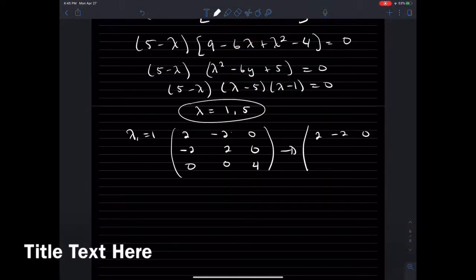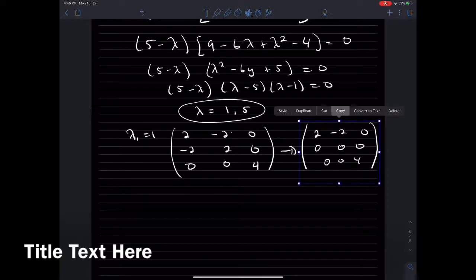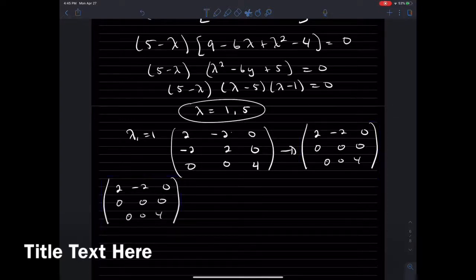See how these rows, we just add these together and add it to row 2. I get 0, 0, 0, and then 0, 0, 4. If you want to see it with your setup, x, y, z is equal to 0, 0, 0.